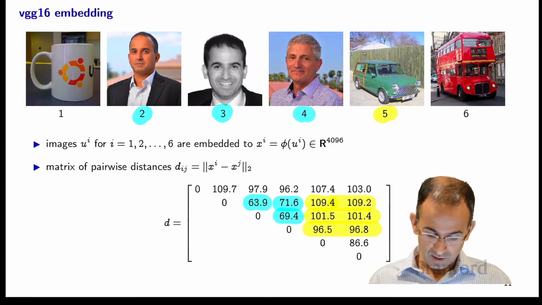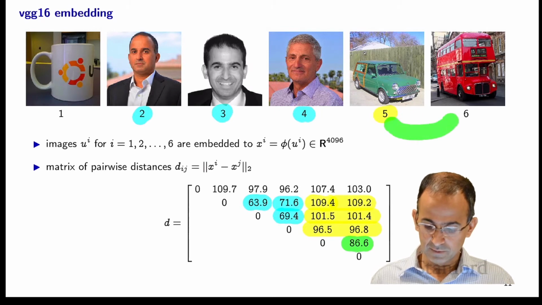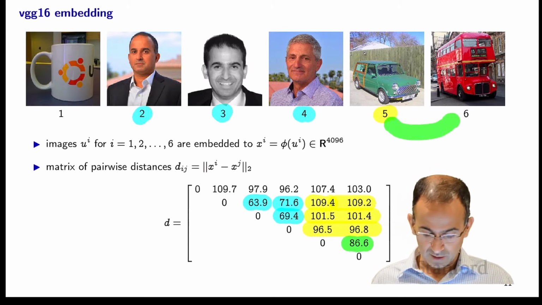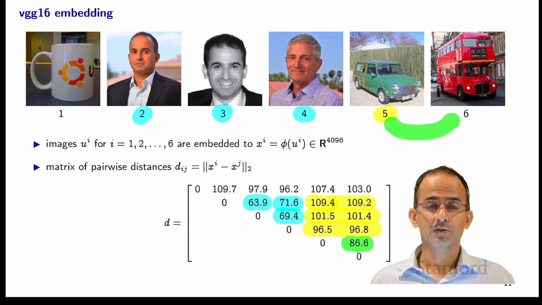There's one more interesting pair, that's comparing the vehicles. So that's this number right here. That's the distance between image 5 and image 6. And we can see that the two vehicles are considered much closer at 86 than a vehicle and any person, which are all about 100. So this embedding is faithful.